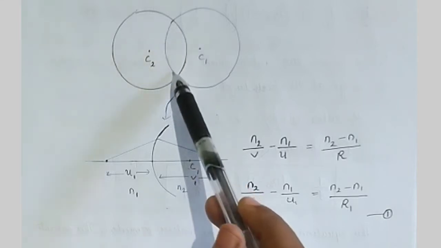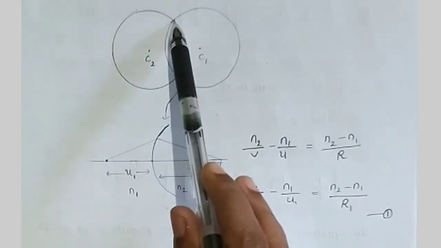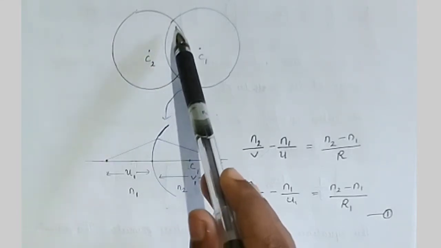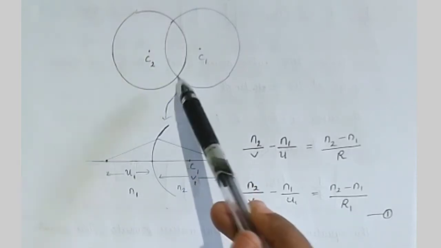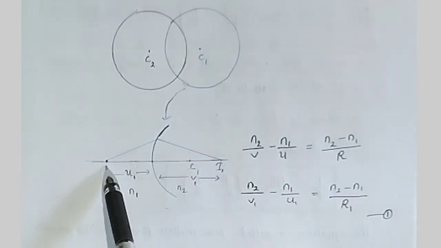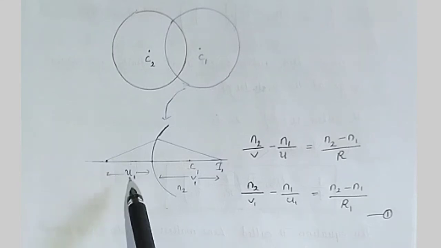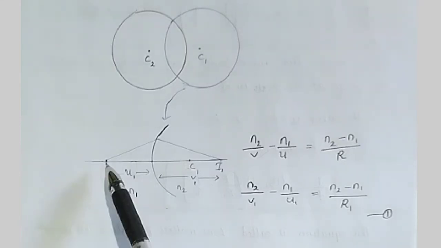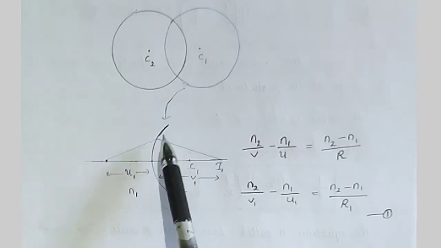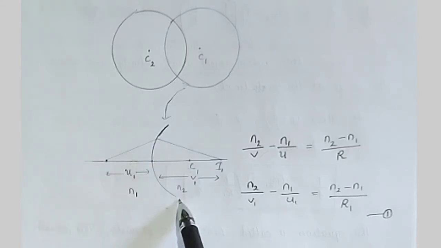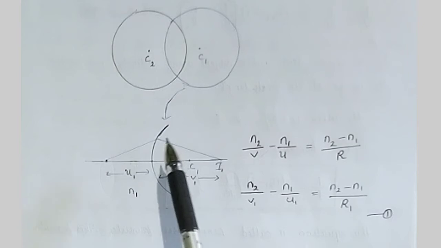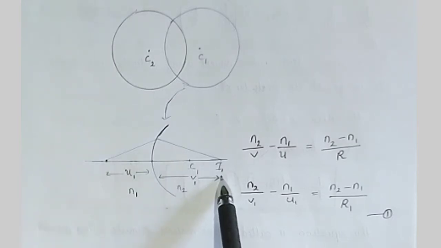As you can see, it is marked with blue and the second surface is marked with black. Now let us consider the first surface, and we have an object placed at a distance u1, and the light ray from the object undergoes refraction through the first spherical surface of the lens, and we obtain an image I1 at a distance v1.